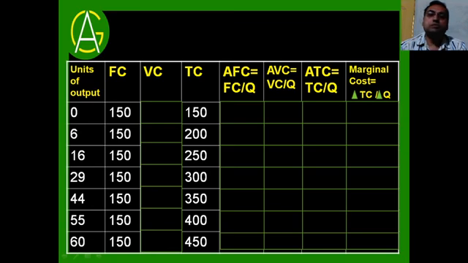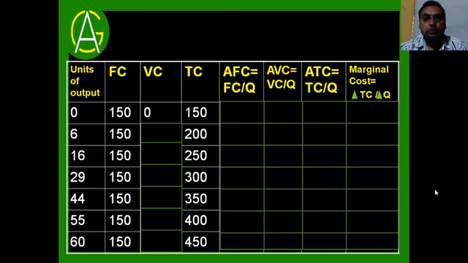Now it is very much simple to find out the variable cost, because total cost minus fixed cost will become variable cost. This is total cost 150 minus fixed cost 150, variable cost will be 0. Again you know that at 0 unit of output variable cost is 0. Now let us find out for 6 units.